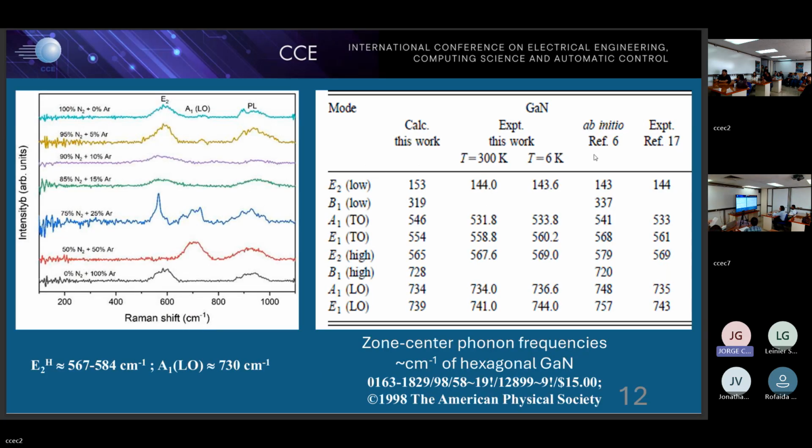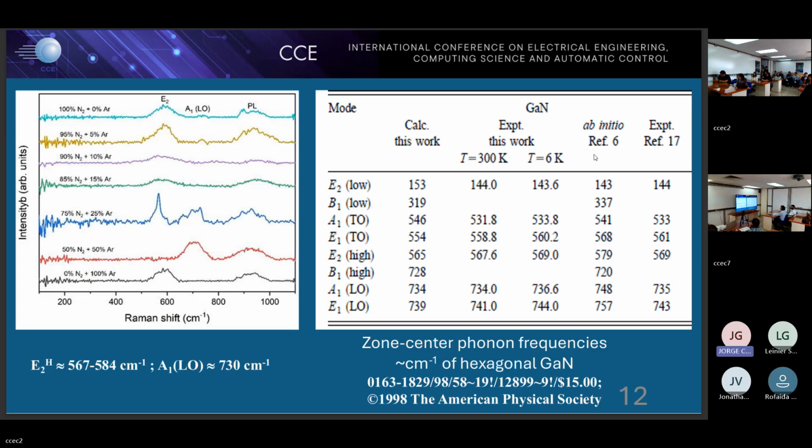As we checked before, the only mode that we really could see in this spectrum is for the 75% nitrogen. In this case, the E2 high mode is very clear and the only one defined.